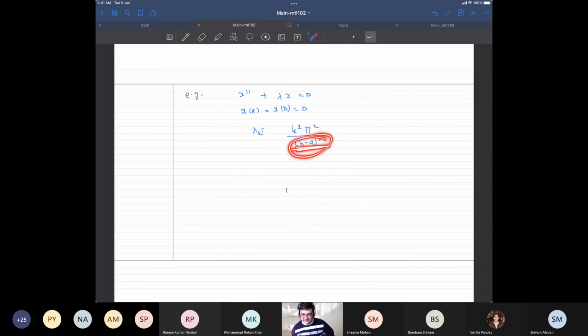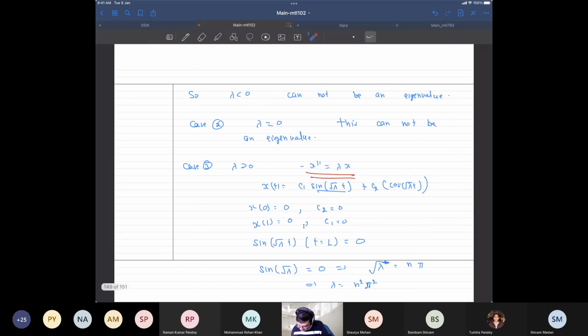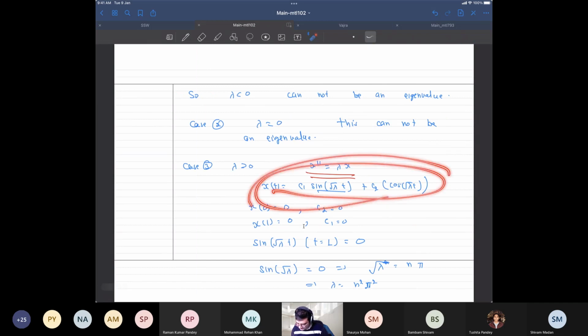So you get this additional scaling for the eigenvalues. Eigenvector will be the same, just take the square root of lambda. Normally these problems are very important when you have some oscillatory behavior in the situation. Note that in this case we have oscillatory solutions.